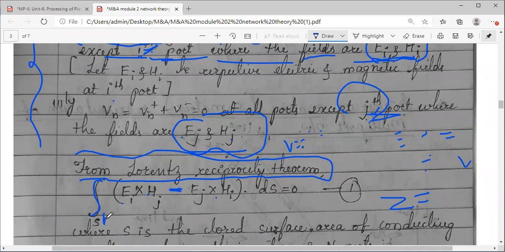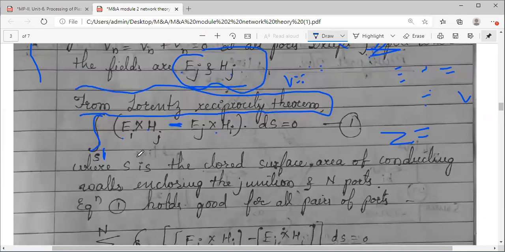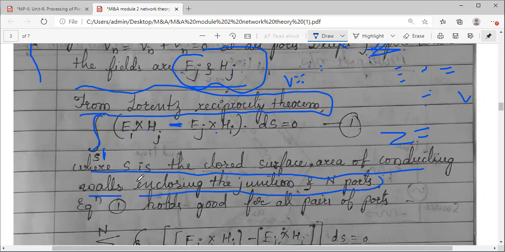That boundary I am considering as the area, where S is the closed surface area of the conducting walls enclosing the junction and the ports. So this is the surface area of the transmission line or waveguide.